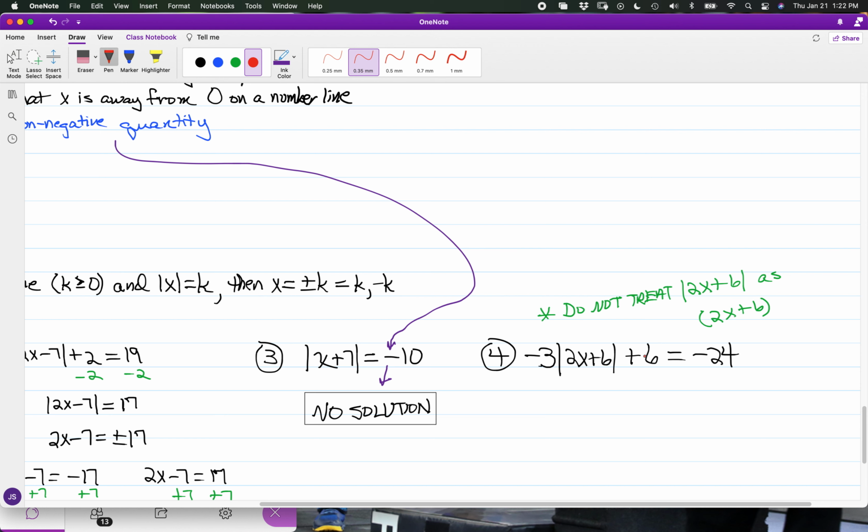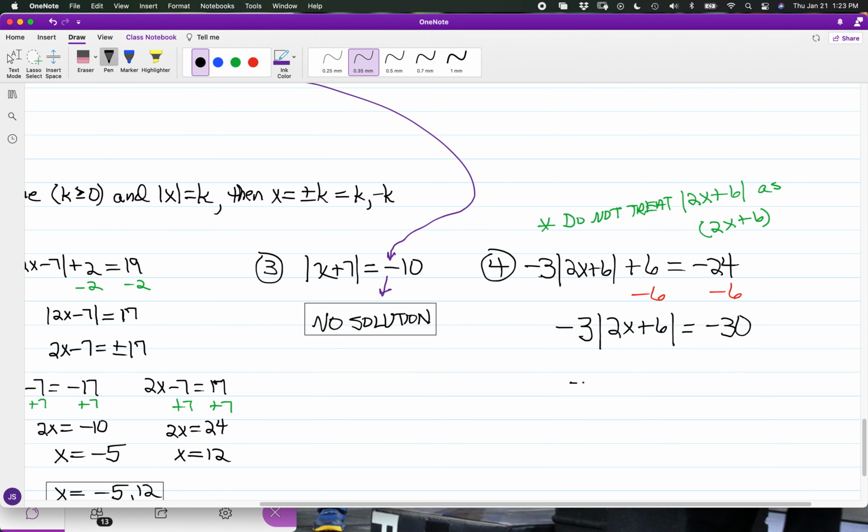So first of all, let's undo the addition of 6. If I take 6 out on the left-hand side, we have negative 3 times the absolute value of 2x plus 6 is equal to negative 24 minus 6, which is going to be negative 30. Now, it is true that the absolute value of an expression cannot be negative, but here I have the absolute value of 2x plus 6 with this negative 3 alongside it.